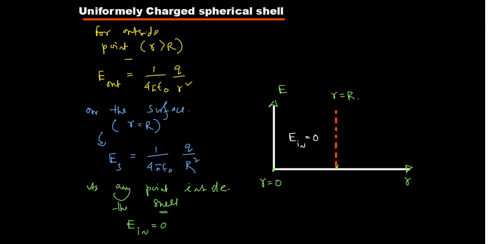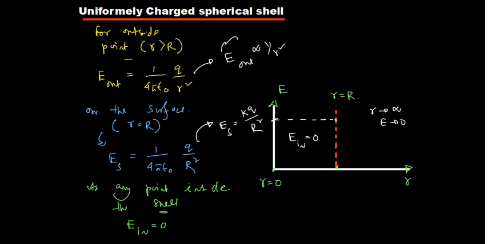The existence of field will first be experienced at the surface, right? And what is the value? This ES we have already calculated to be KQ by capital R square. And as you are moving away, you can clearly see that as r tends to infinity, E tends to 0, following this equation, because E outside is proportional to 1 by small r square.